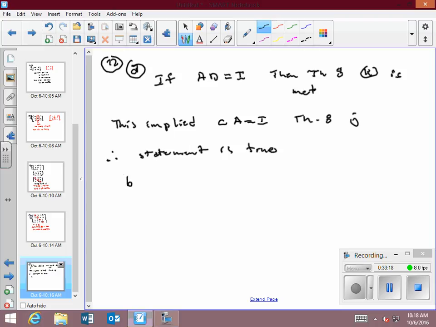So what do you think of B? You're going to have to use theorem 8. It says if the columns of A are linearly independent, then the columns of A span.